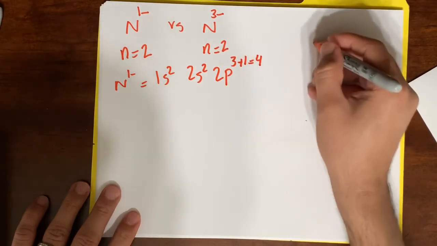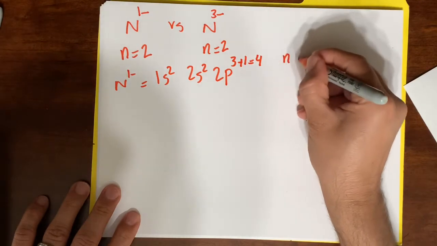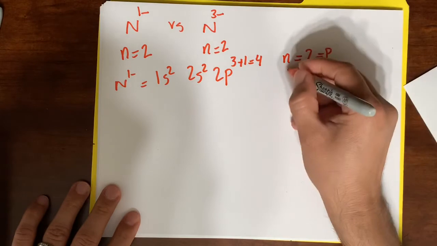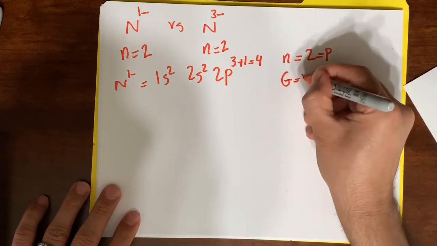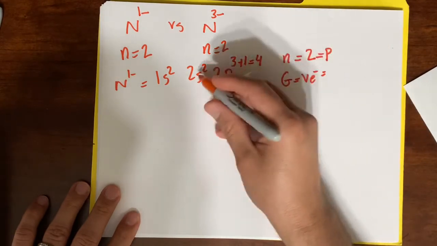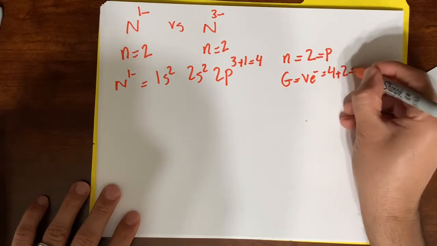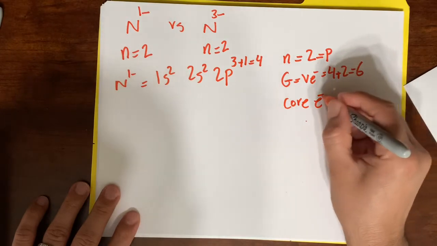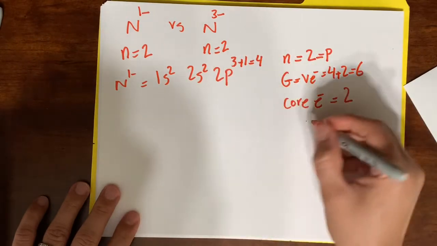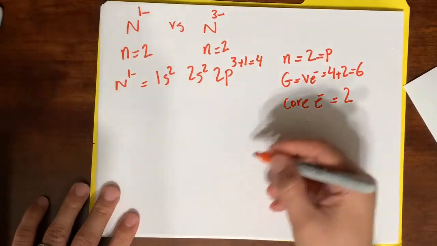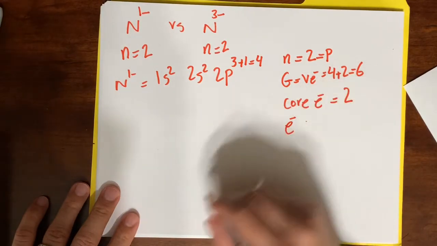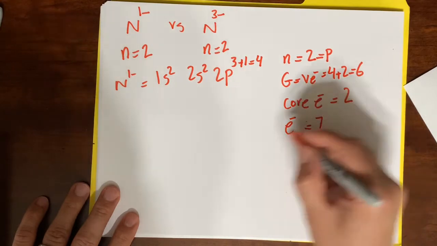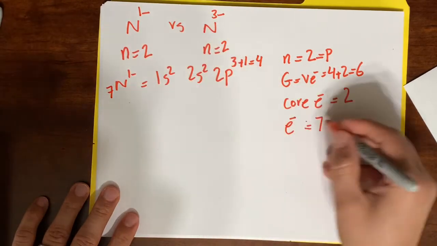So the highest n equal 2, valence electrons equal to 4 plus 2, 6. Core electrons equal to 2. Total electrons: we have 7, so here 7 plus 1, 8.